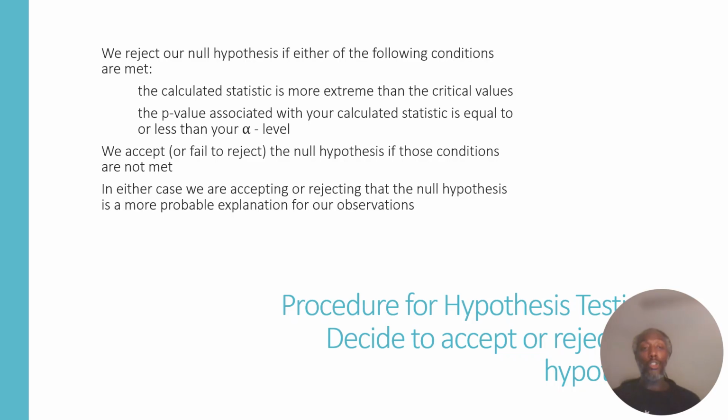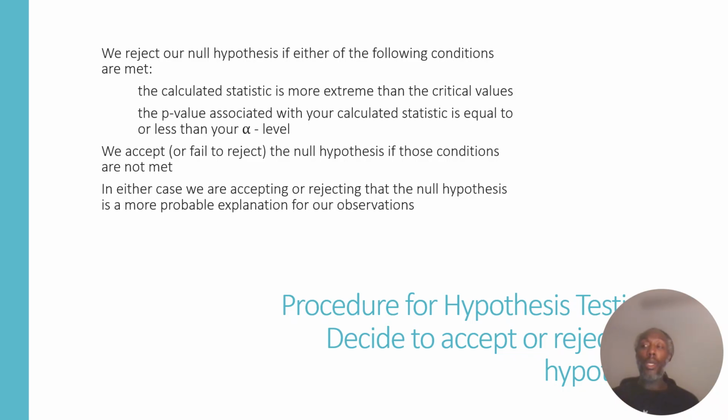But I encourage you to shape the way you think about this. You have two options for explanations. You have the explanation from your research hypothesis, and you have the explanation from your null hypothesis. At the end of your analysis, your job is to say which one of those explanations best explains the data that you have in front of you.